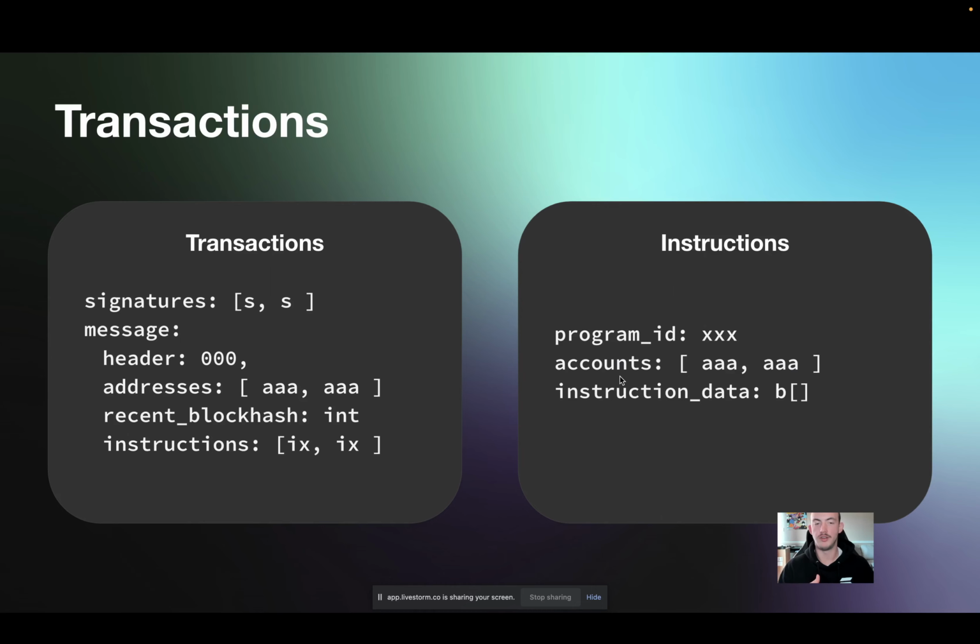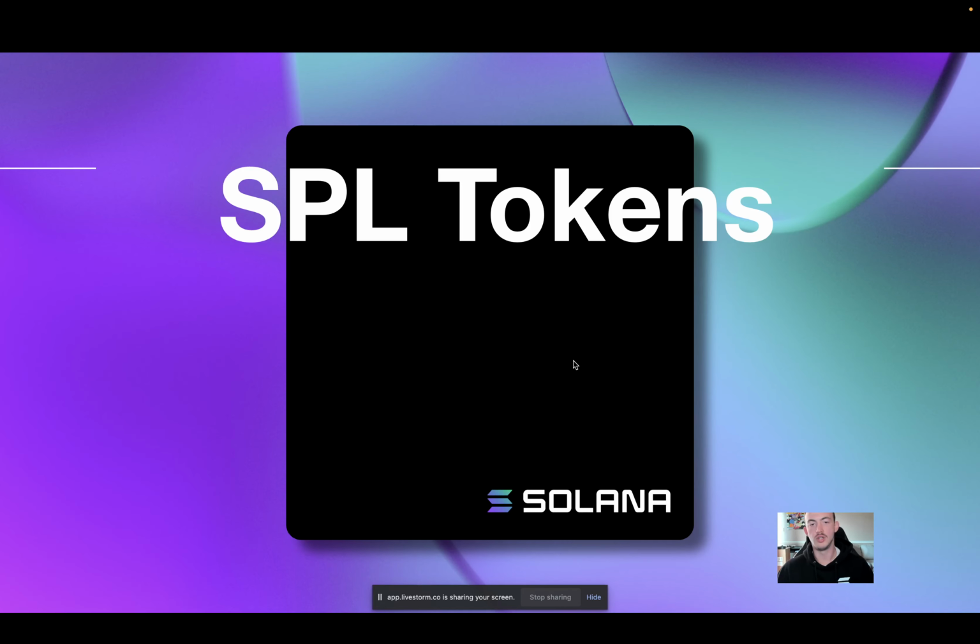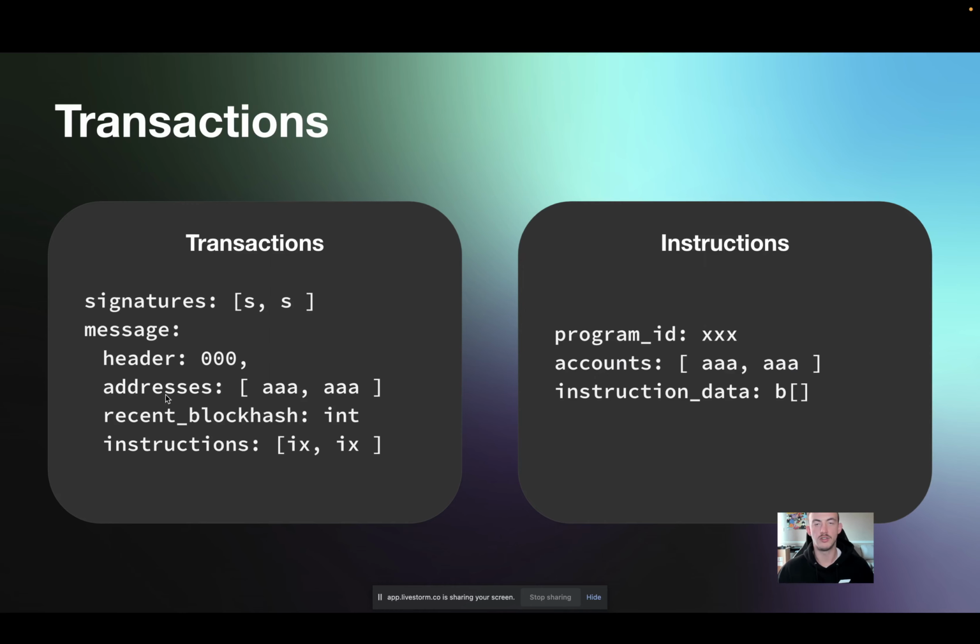It might seem a little redundant, but you include all of the addresses for the transaction because it's validated on chain and it's used to figure out parallel processing. Then you also include them in the instructions because you can include multiple instructions in a transaction. So let's say you need 5 addresses for one instruction and 3 for another, and they're all different. You would put all 8 in the transaction, but you only need to include in the instructions which ones are for which. So that's why it's present in both spots.